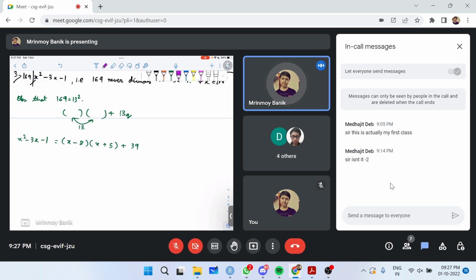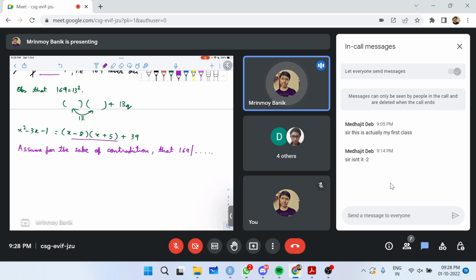So the first argument is, we are assuming for the sake of contradiction that 169 divides the quadratic, just this quadratic or this one, same.